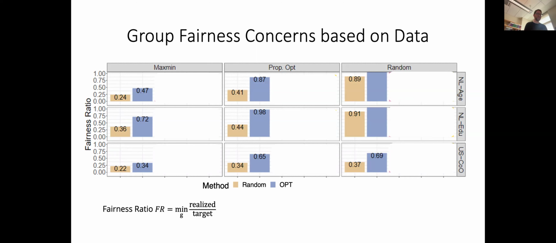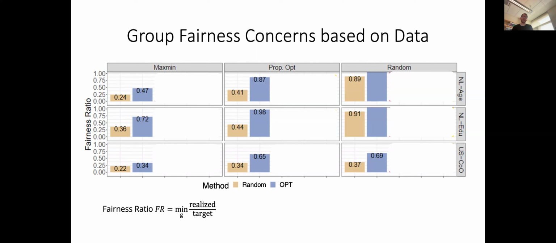So in the bottom left, for example, you see that the random allocation in the US with groups defined by country of origin gives at least one group less than a quarter of the employment outcomes that that group should be getting.